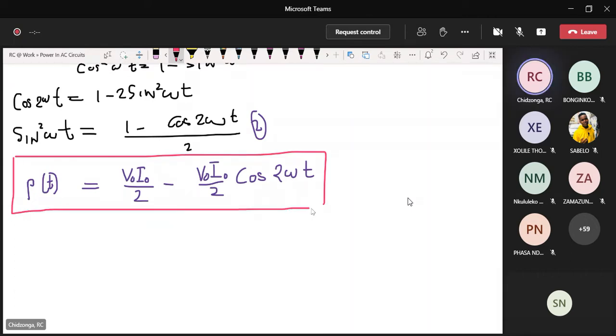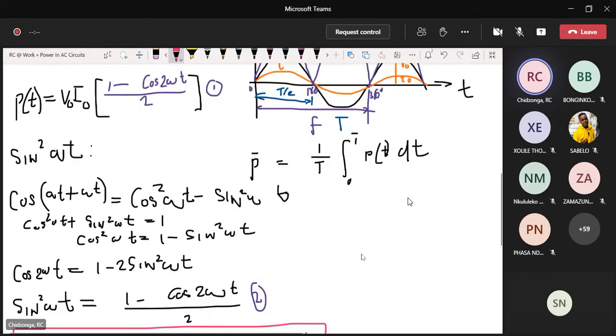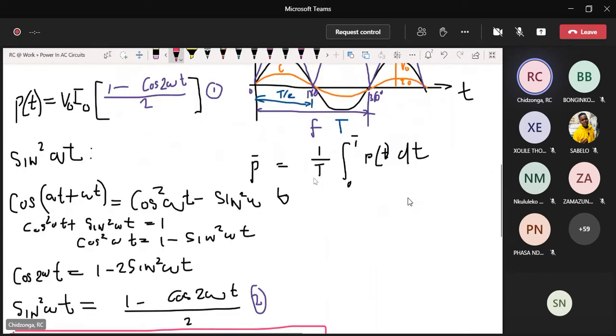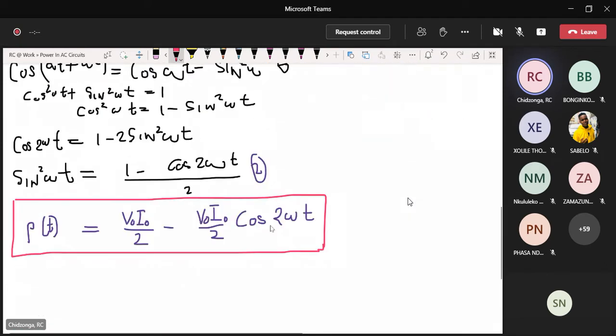Now look at this equation from what we have said earlier on. If I go back here, the purple curve is our power curve. And this actually is the equation for that power curve.